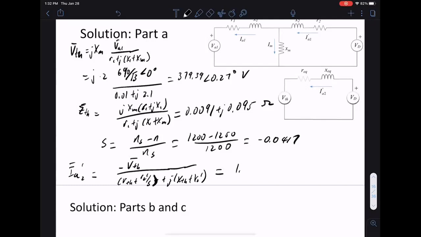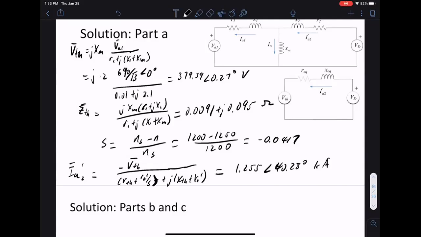Plugging in all the numbers, we get 1.255 angle 40.23 degrees kiloamps. All this is just plugging numbers into equations. The equations are given, the numbers are given, so there's nothing hard to do except plugging in all the numbers.